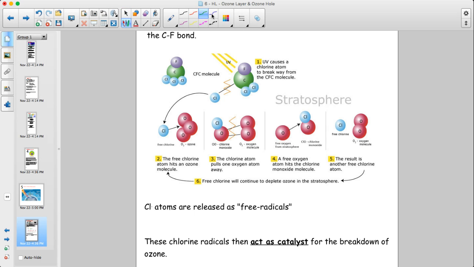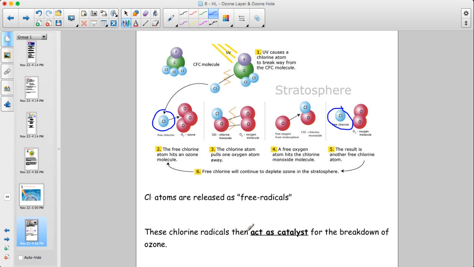So if you're seeing what happens, we start with a chlorine, and then we reproduce a chlorine. And so it's involved in the mechanism, but overall its concentration doesn't really change. And that free chlorine can then go back and continue to break down ozone. The chlorine is acting as a catalyst.